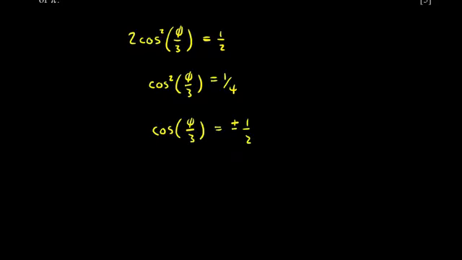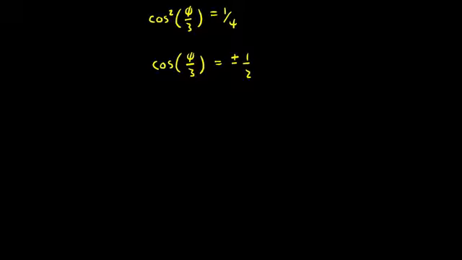Now, at this point, I always strongly recommend that you use a graph. And in order to use a graph, I think you should use a substitution. So I'm going to say let theta, I guess, or let u, we'll call it u, equal phi by 3. That means that this problem now becomes cos u is equal to plus or minus a half.